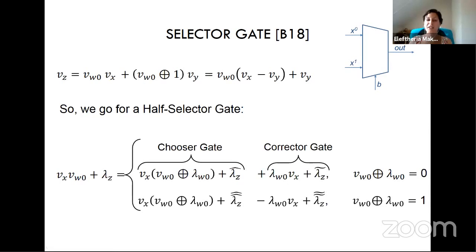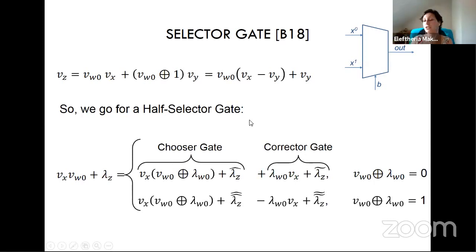And inspired by the half gate construction, Ben-Ephraim said, now we can split the problem in 2 and have chooser half gates and corrector half gates. And this would mean that we can actually, at evaluation time, have fewer decryptions to do.